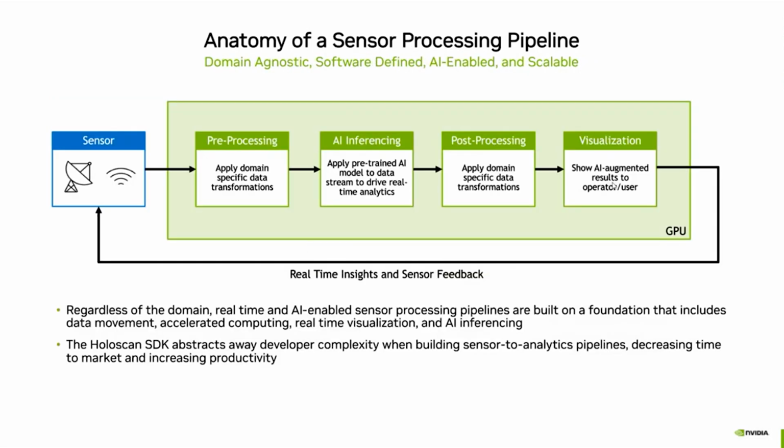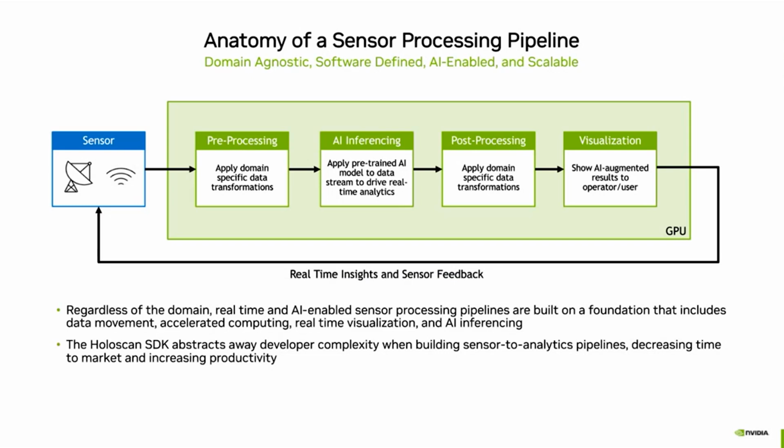So let's take a look at the anatomy of a typical sensor processing pipeline. We've got what we think is a common processing pipeline depicted here. The first is a pre-processing step that takes raw sensor data and processes it to implement signal conditioning and data transformation needed for subsequent processing.